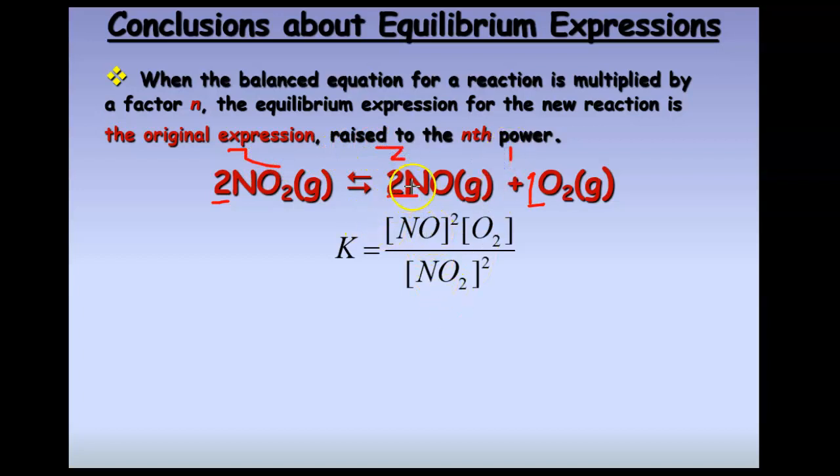So for NO, the coefficient here is 2, so it becomes the exponent. For O2, the coefficient is 1, so of course you don't need to write 1, it doesn't change anything. And then over reactant, which is NO2, the coefficient here is 2.